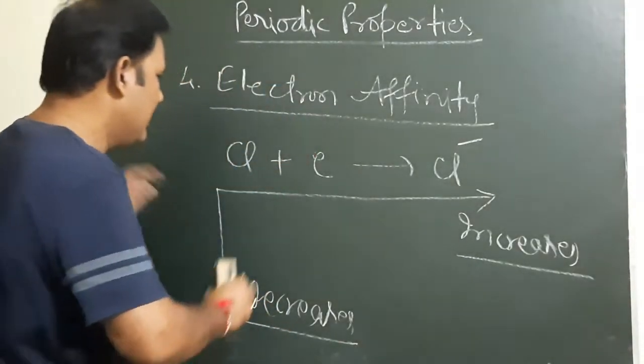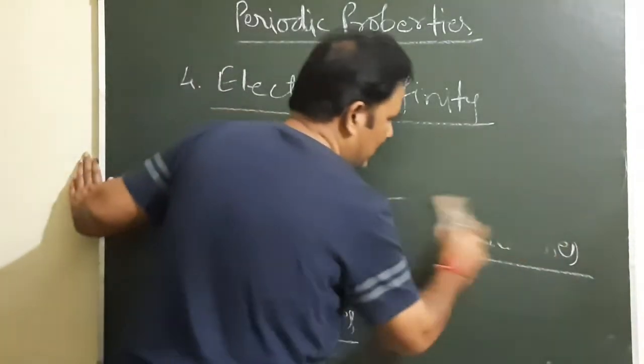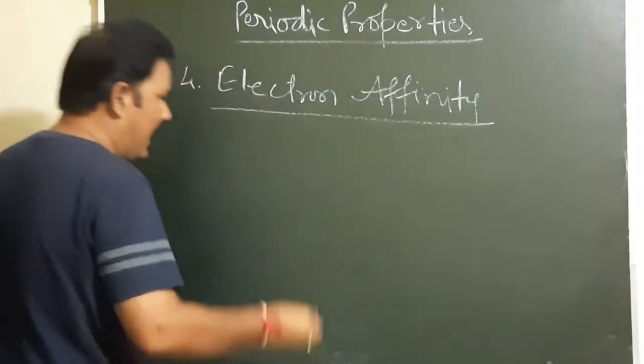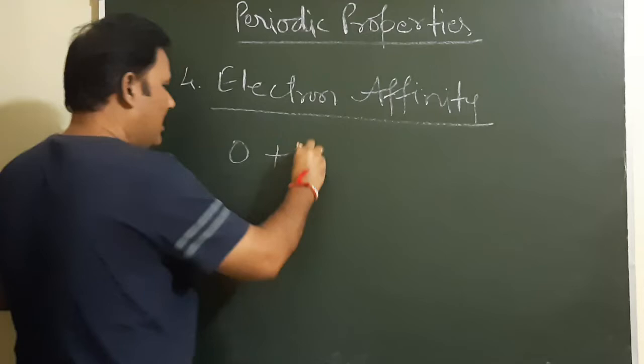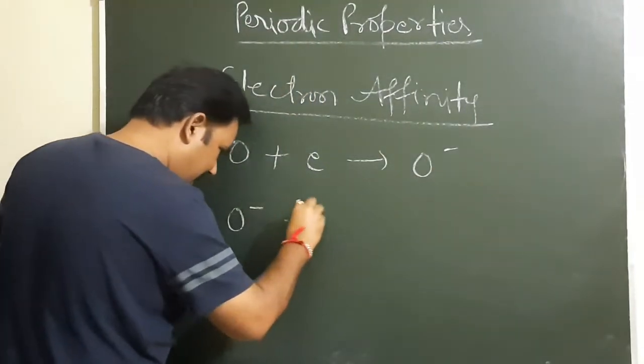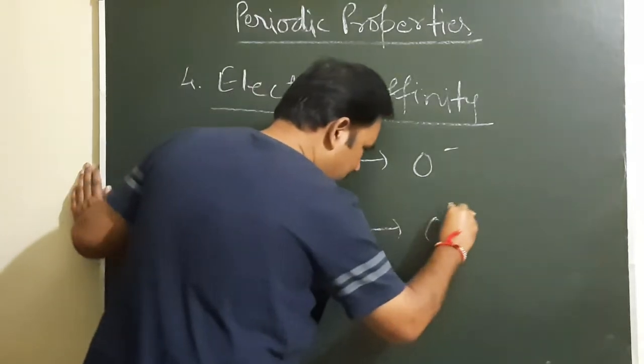One more thing I would like to tell you: suppose an atom accepts one electron, so this forms O minus, and this O minus accepts one more electron, so then it forms O two minus.